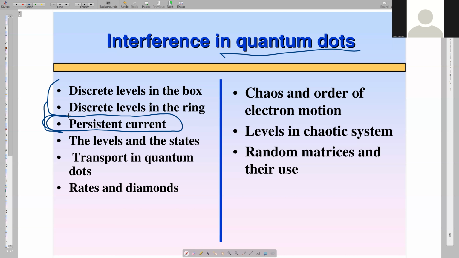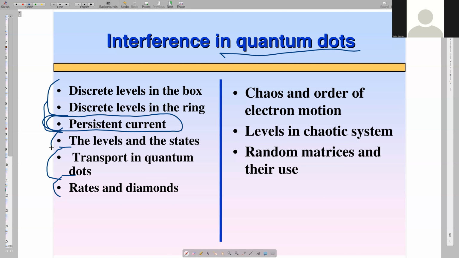From the levels, we go to states, quantum states of the dots. It has to distinguish between these two because there's interaction in the dots. Mainly, it's something which we know, it's Coulomb blockade interaction. That sets a transport problem, which we address in the dot. And we will talk about transport for a while.